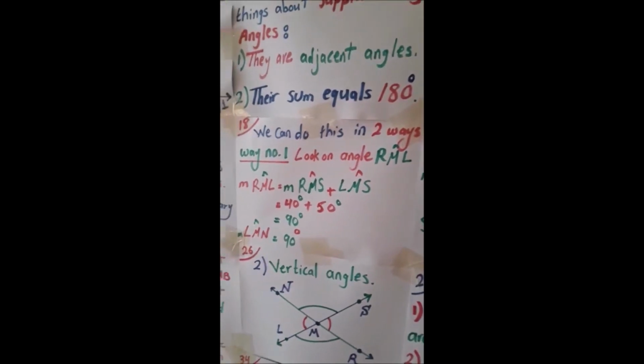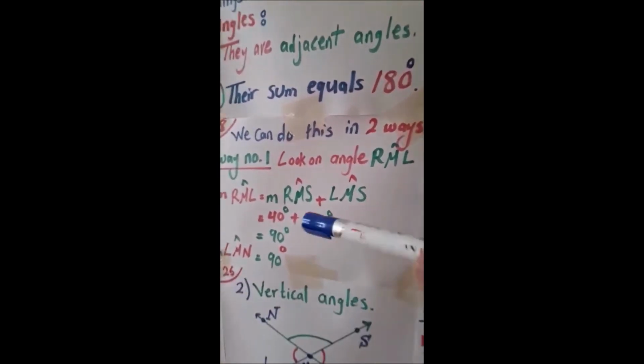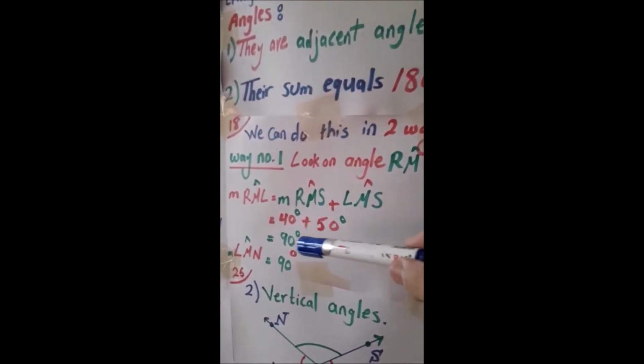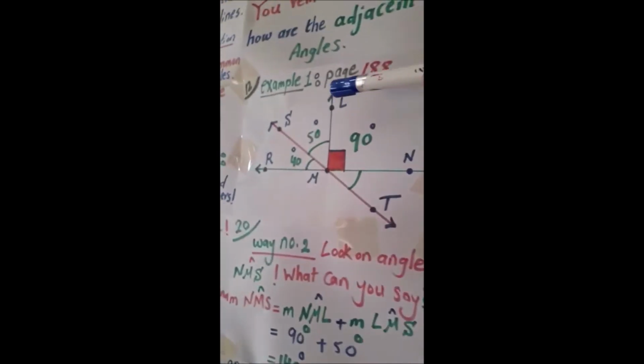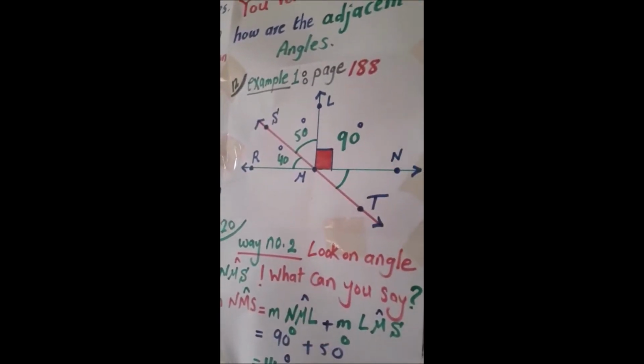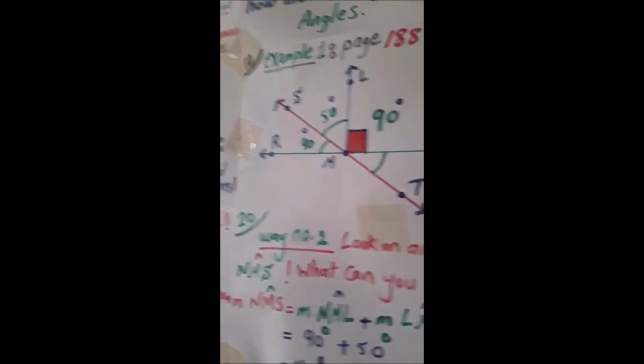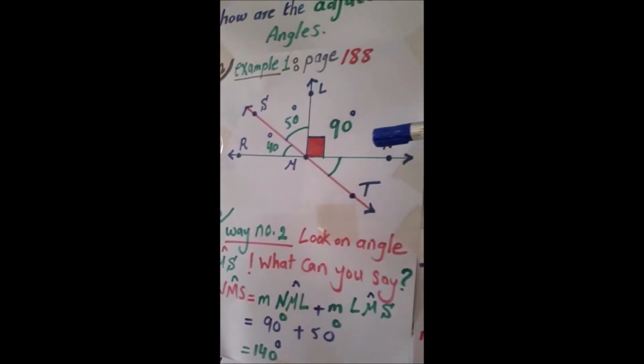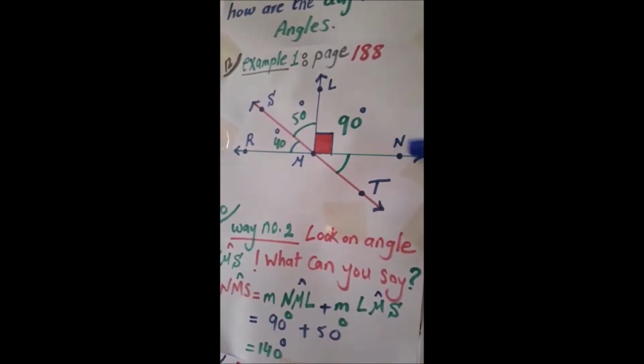And he said, look at this angle RML. Now we said a second ago, it is the sum of RMS and LMS, and it is 90, and LMN, the other one. So guys, now we gave him in way number one that RML is 90, and LMN or NML.